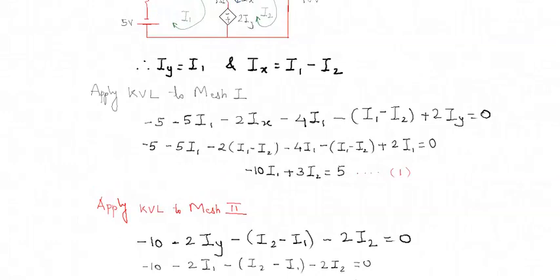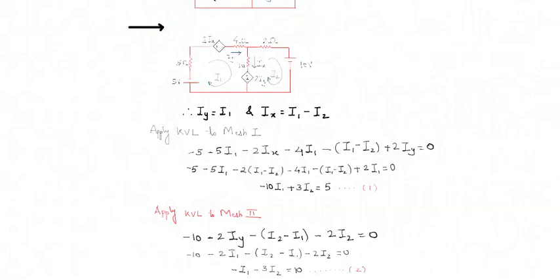Just check it, whatever you have applied in KVL, you check it now. Let us start with minus the voltage at this particular point. So minus 10. When we come down to this, as we are moving from plus to minus, it becomes a fall in the voltage. So it is minus 2 IY. When I come to the 1 ohm resistor, it will be I2 minus I1.